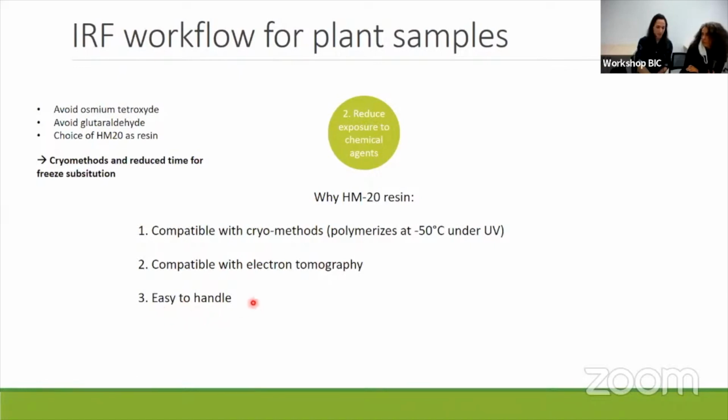We like things when they're easy, because it's not always like this. I can add one point. HM20 is very acidic, in fact, and we think that it could be due to these properties that fluorochromes with a low pKa could be better for the in-resin fluorescence approach.